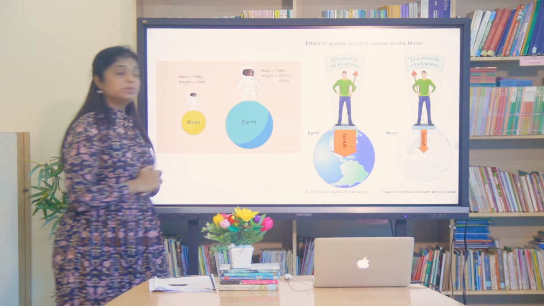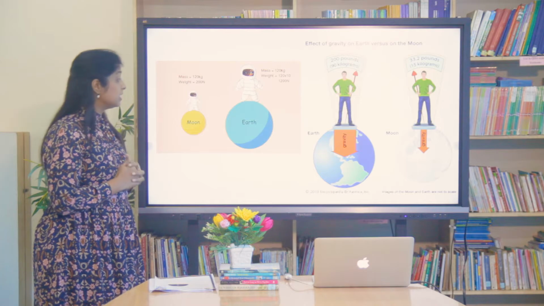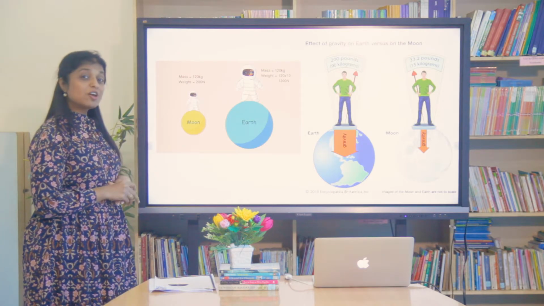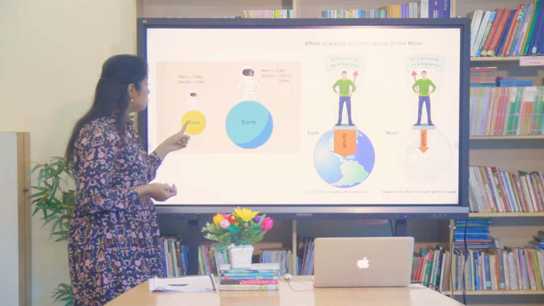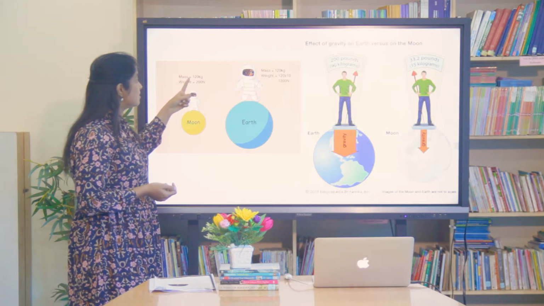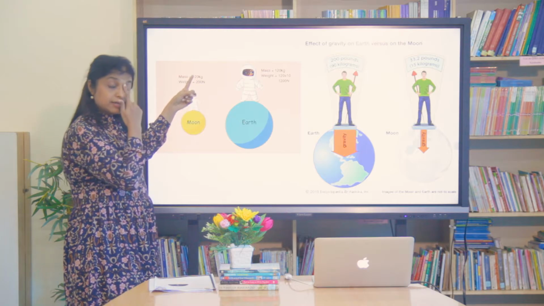Now we go a little bit deeper with gravity. You can see the first picture, a cute baby astronaut. He is on the moon, and you can see I have written mass equals 120 kilogram, isn't it?